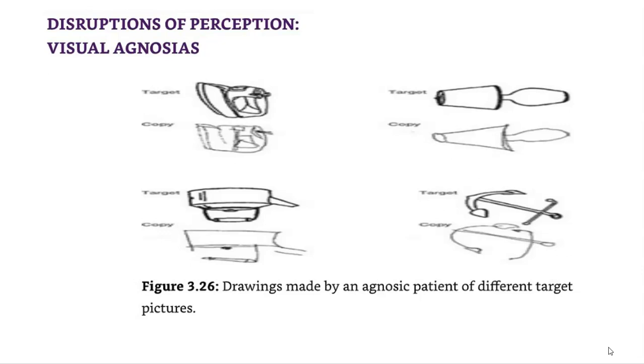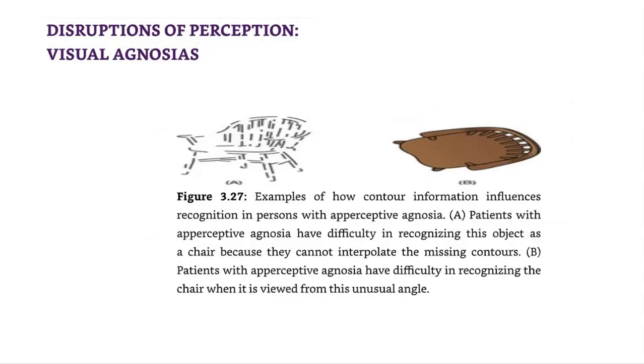Some cannot name objects at all, and at least one has been reported to be unable to distinguish between X's and O's. Other patients can do this much processing, but have trouble recognizing line drawings when some parts of the outlines are missing, such as the drawing of a chair shown in 3.27. So they can't recognize that sort of object.